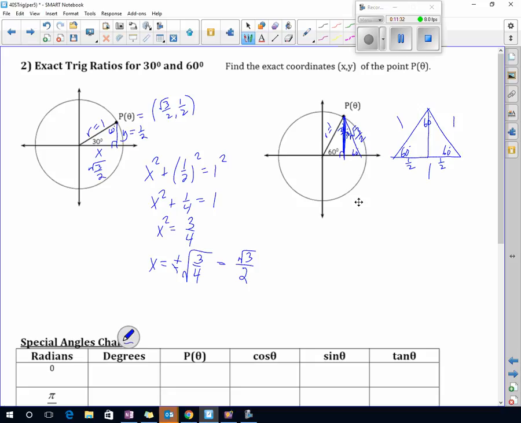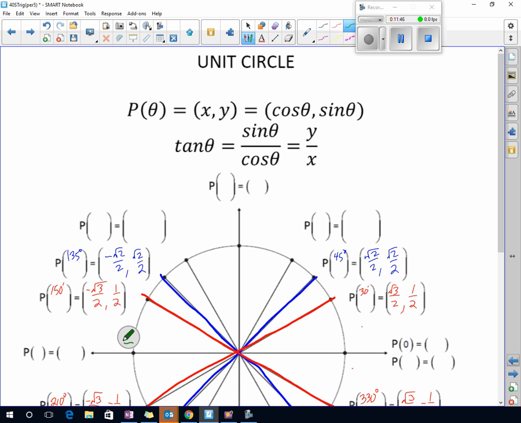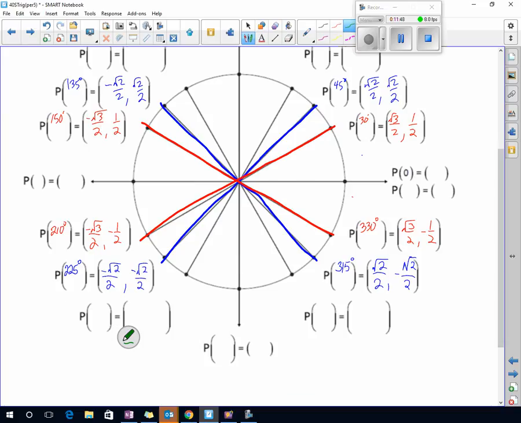Okay, let's go back. We're going to do the 60s. I'm going to do it in green. And what did I say 60 was again? 1/2, root 3 over 2. So what would the 60 be in the second quadrant?